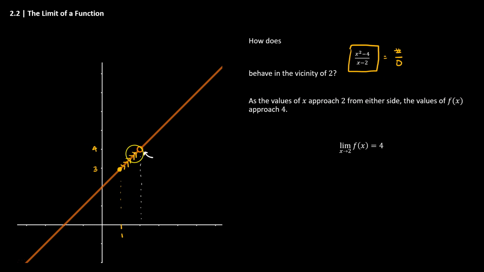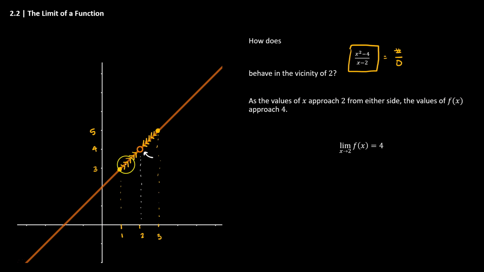Let's take a look at what happens if we come from the right. So instead of being at x equals 2, maybe we're at x equals 3. If we follow x equals 3 up onto our function, we are at the output that looks like 5. From that point, if we start to move closer and closer to x equals 2, right before we get there, it feels like we would land on 4.